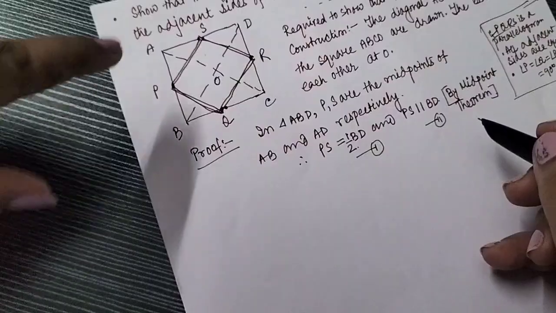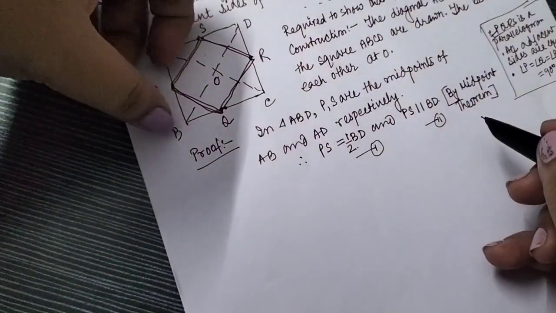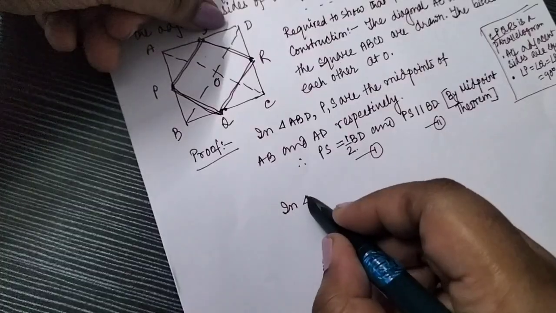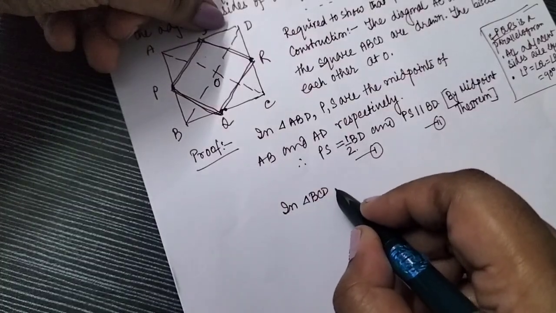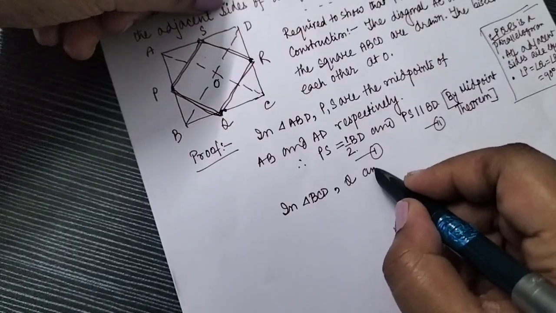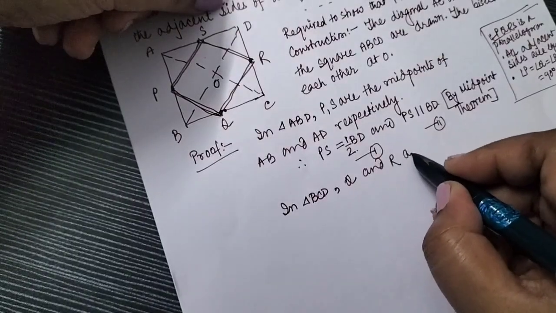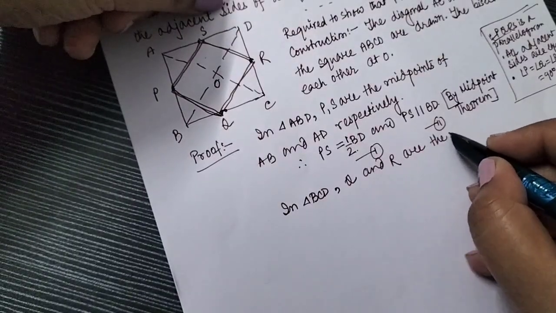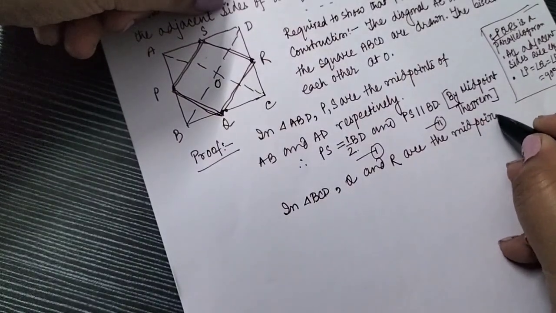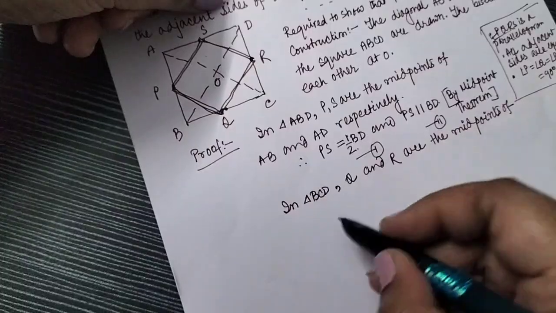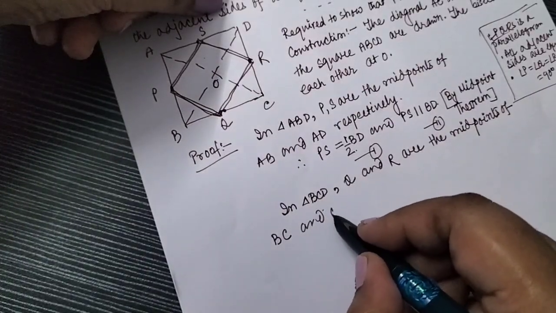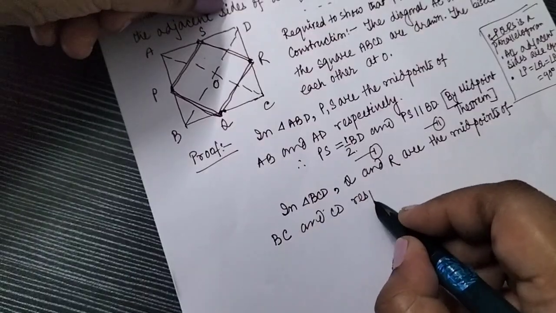Similarly, if we consider triangle BCD, in triangle BCD, Q and R are the midpoints of BC and CD respectively.